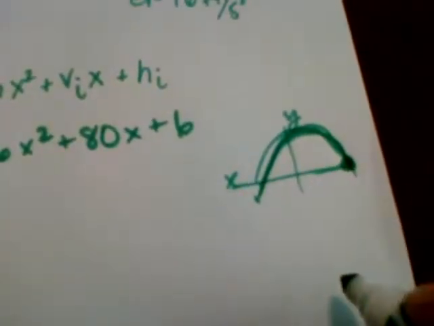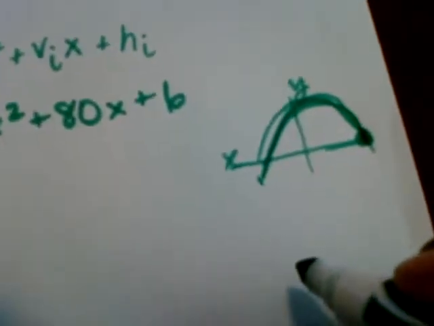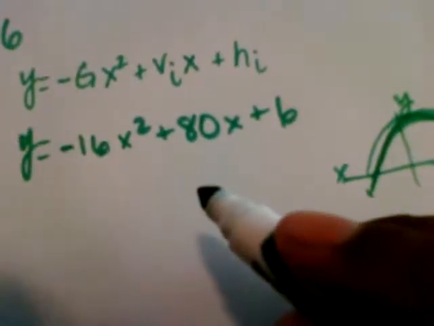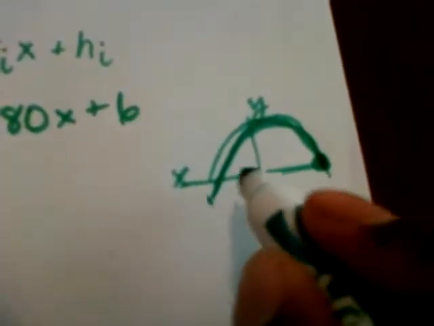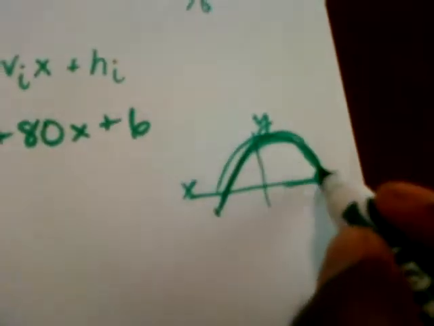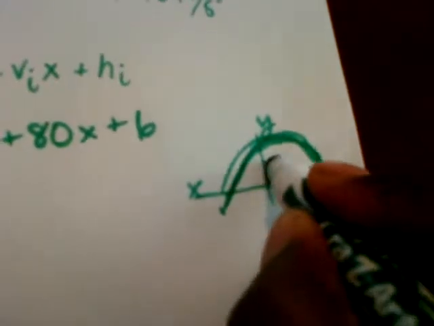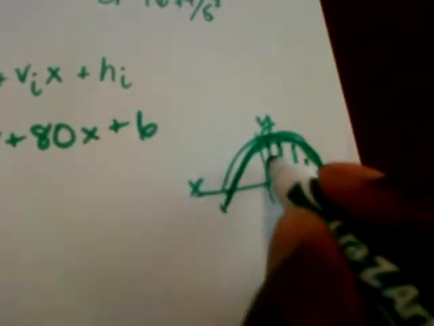And how do we find the root? We use either the quadratic formula, we factor, or we graph. Now we can graph this, but we're going to use the quadratic formula this time. And so what we're going to know is that for this to hit the ground, the y value would be 0. The y is just the height, because if I'm going up on the y-axis, that height changes every second the ball travels.